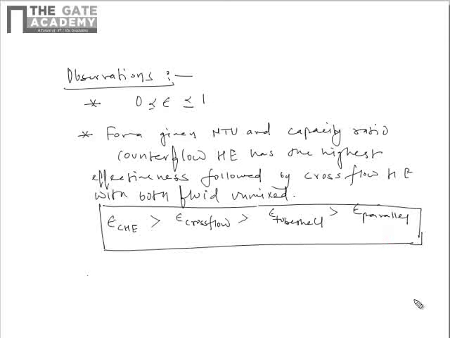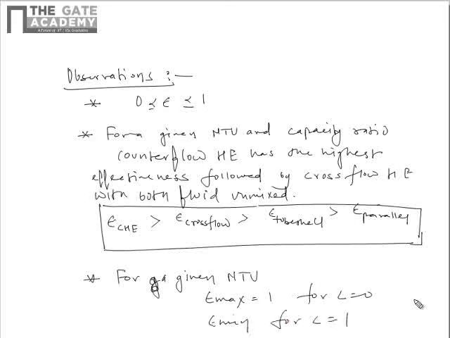And the third important observation is, for a given number of transfer units, epsilon max is equal to 1 for C equal to 0 and epsilon minimum for C equal to 1.